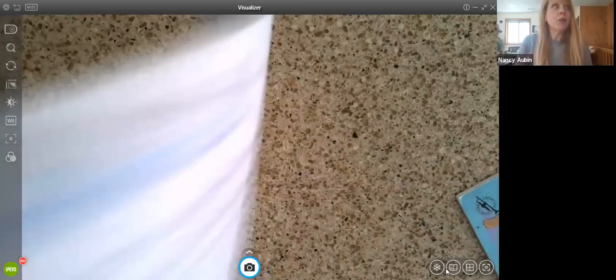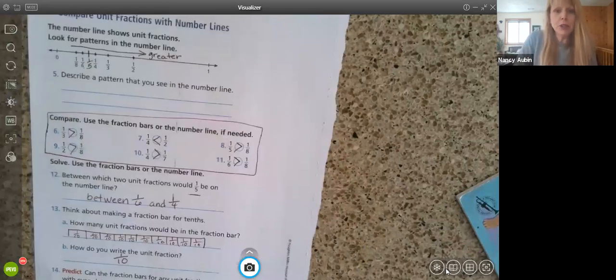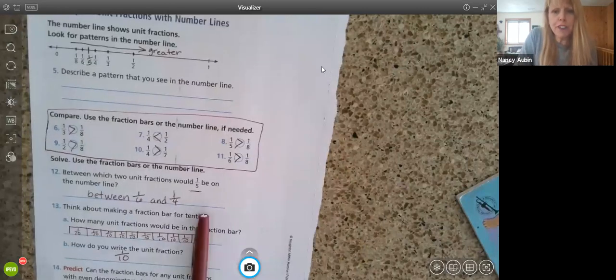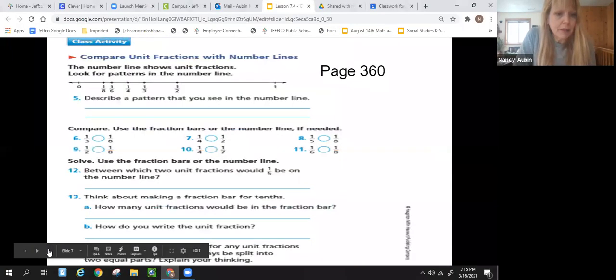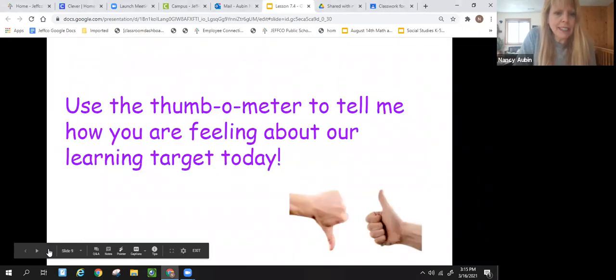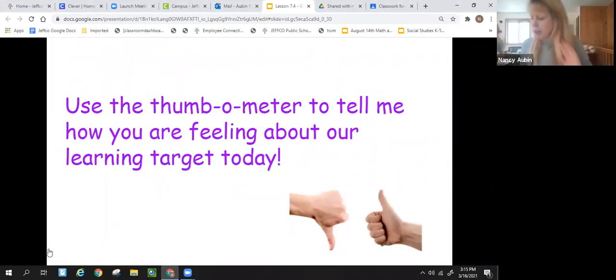All right, so we are going to let you share how you're feeling about comparing unit fractions. We went through these, we practiced. How are you feeling about comparing unit fractions? The main idea of it is that the lower the denominator, the larger the fraction.